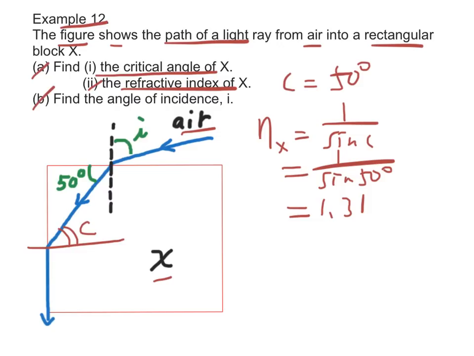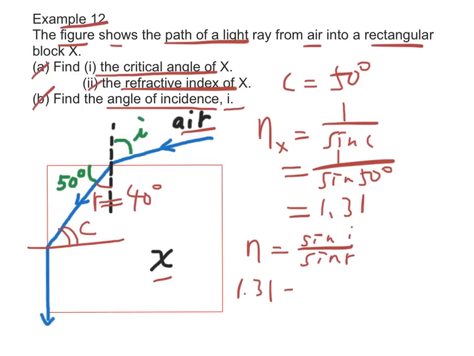Part B. Find the angle of incidence I. From the diagram, we have angle of refraction R equals 40 degrees. By n equals sine I over sine R, we have 1.31 equals sine I over sine 40 degrees. Therefore, I equals 57.4 degrees.